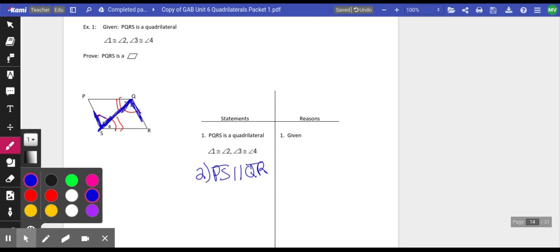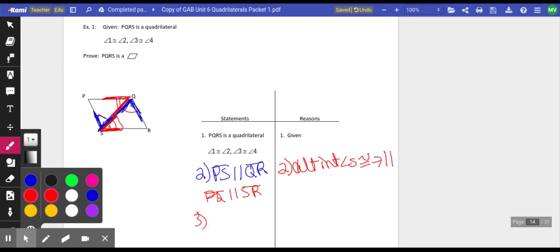Then if I look at the red, which is angle 4 and angle 3, those two have the same transversal of SQ, but those two indicate that PQ is parallel to SR. And so that's because alternate interior angles congruent implies parallel lines.